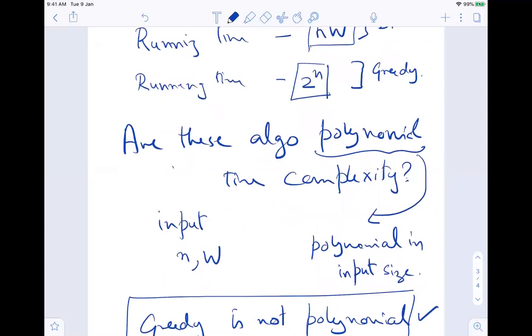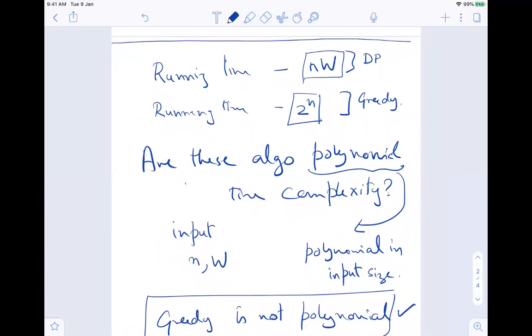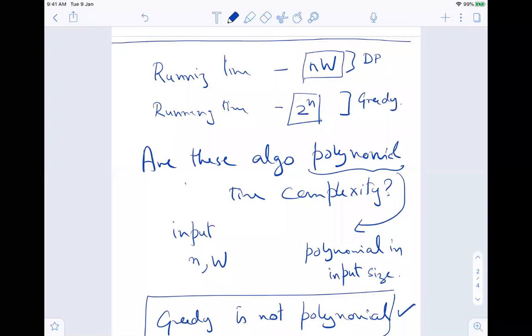So you can see the three parameters given to you, n, m, and w, and the input size is something like n plus m plus w. The running time is a function of n, m, and w. You can say there can be a w which is as big as 2 to the power n. But then w itself is big, which means the input is big.